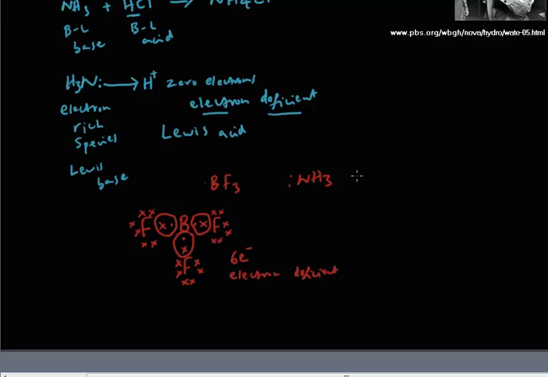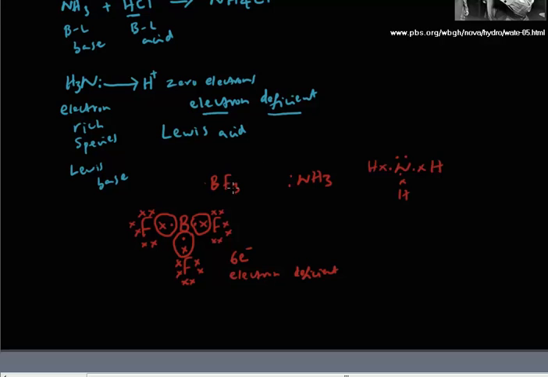electrons. You can also write the electron configuration of nitrogen and then draw the Lewis structure of ammonia in this fashion. So nitrogen Lewis structure is like this. So this is the Lewis structure of ammonia, where nitrogen in ammonia, the central atom, has a lone pair of electrons, or a non-bonding pair of electrons.